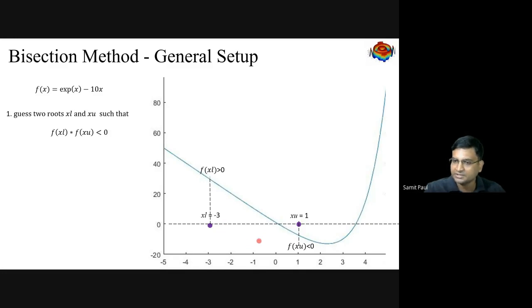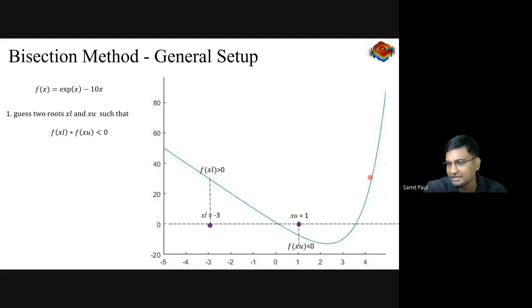How can we do it? If the root falls within the bracket, in one case the function will be positive, and in another case the function will be negative. At least one will be positive and another one will be negative if there is a root.